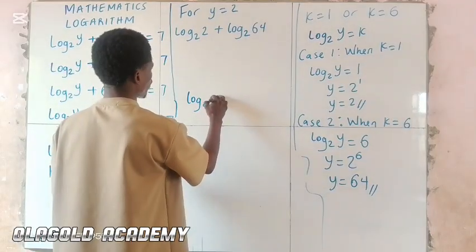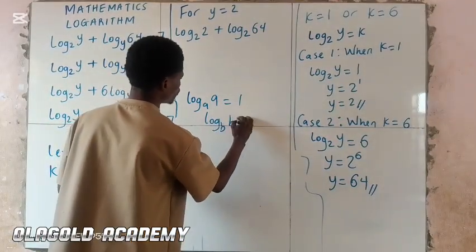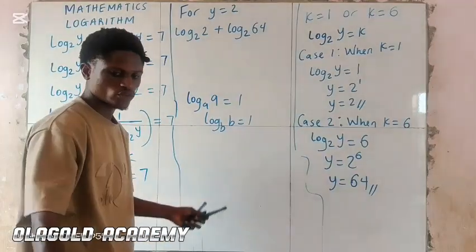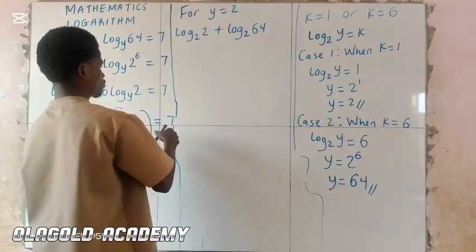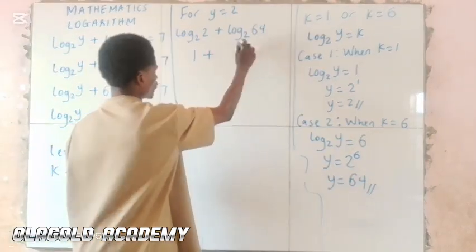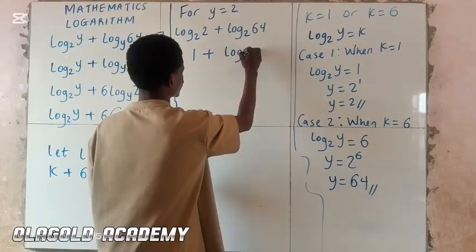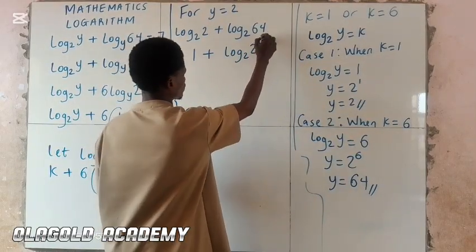Log a of a is 1. Log b of b is 1. So we have this. So log 2 of 2 is 1, plus log 2 of 64, which becomes log 2 of 2 to the power 6.